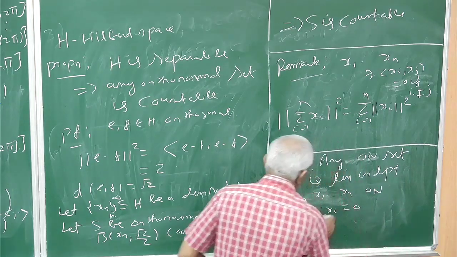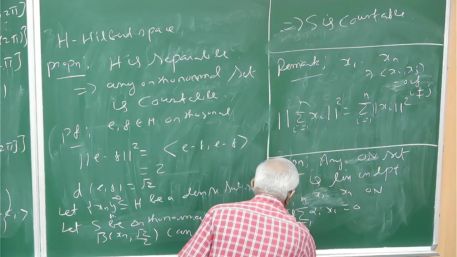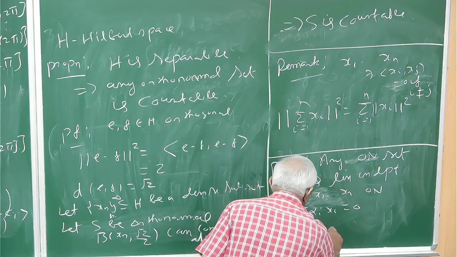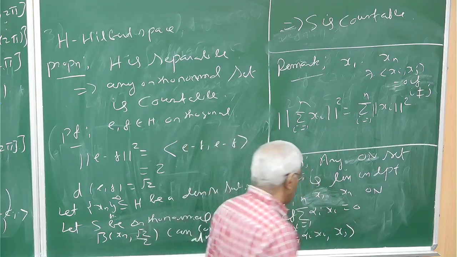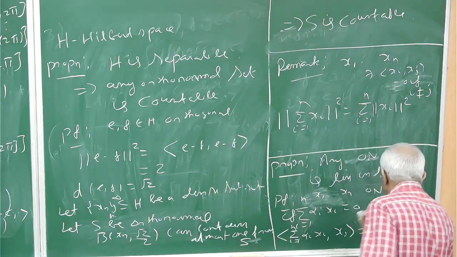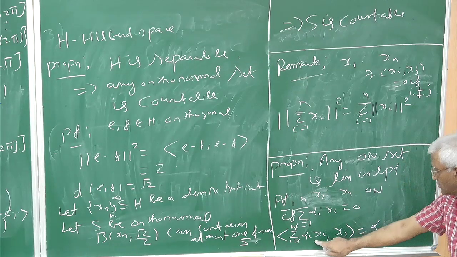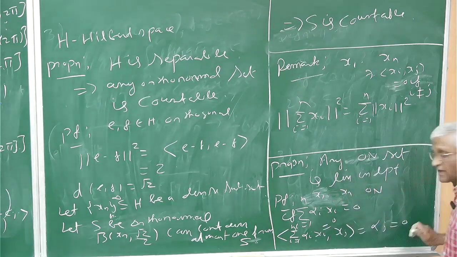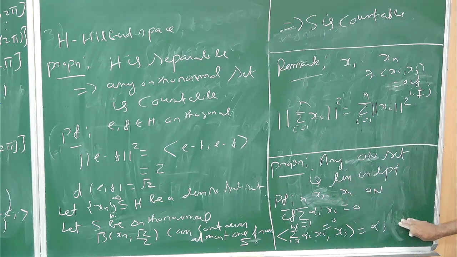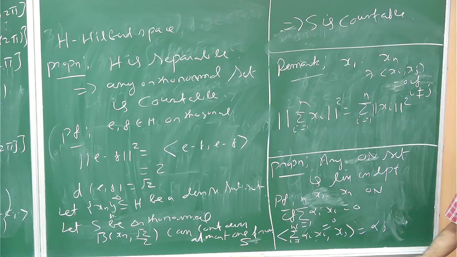Then you can take the inner product of the summation, i equal to 1 to n, alpha i xi with some xj. You will precisely get alpha j because everything else will be 0. And that is equal to 0, because the inner product of any element with the 0 element is 0. So alpha j is equal to 0.